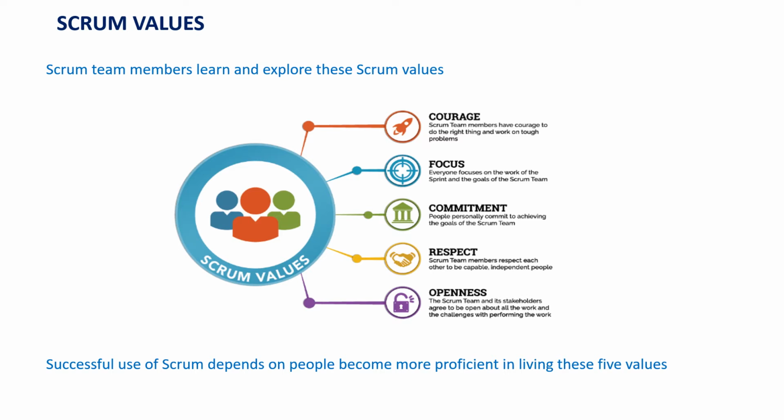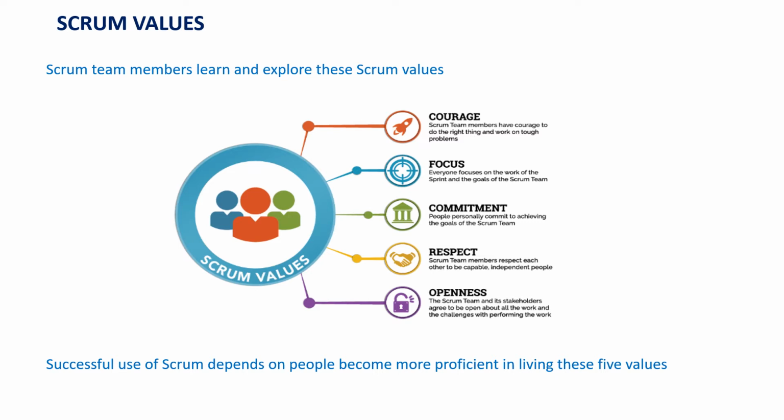Scrum values. Scrum team members learn and explore these Scrum values. First is courage. Scrum team members have the courage to do the right thing and work on tough problems. Focus. Everyone focuses on the work of the sprint and the goals of the Scrum team. Commitment. People personally commit to achieving the goals of the Scrum team.